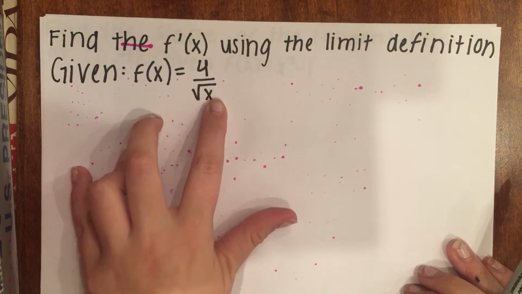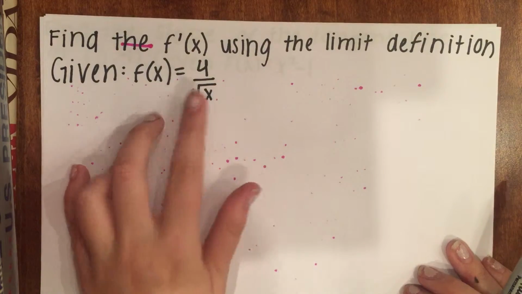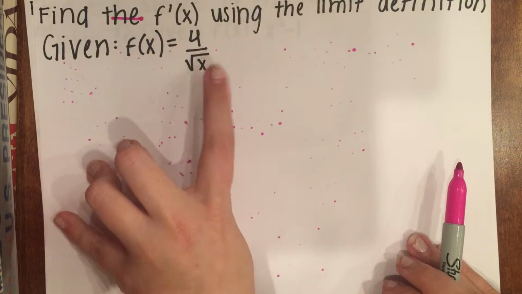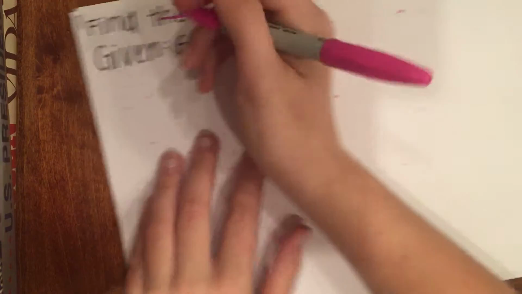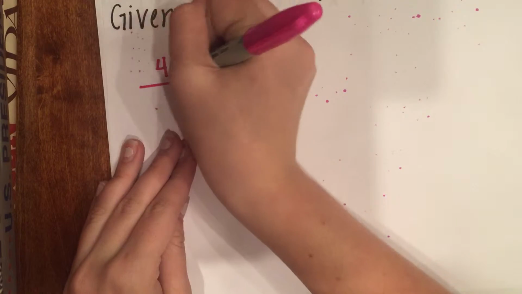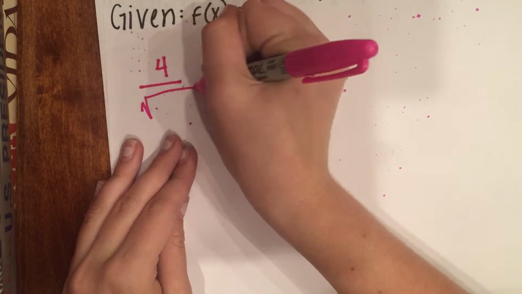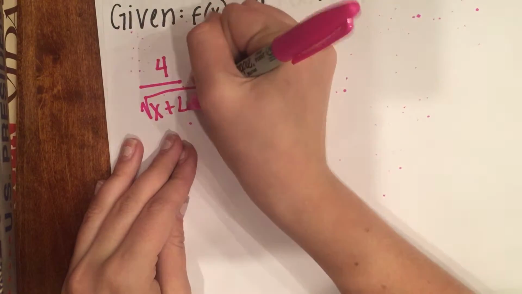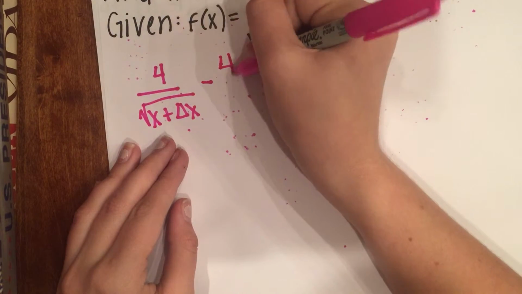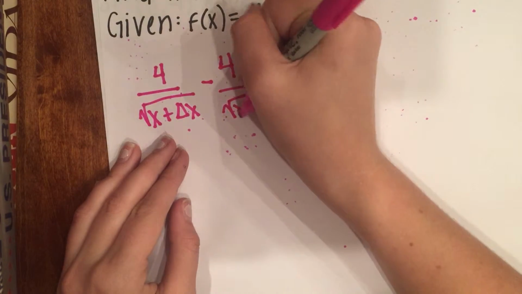Here we're given f of x equals 4 over root x. First things first, I'm going to plug in x plus delta x for the only x in the equation. And I would get 4 over root x plus delta x, then subtracting the original, which is 4 over root x.